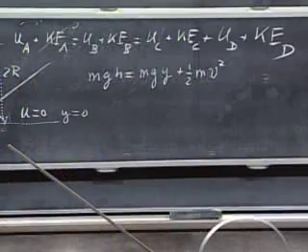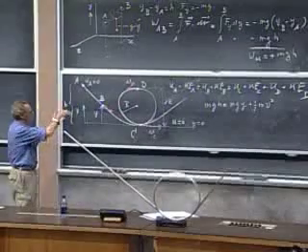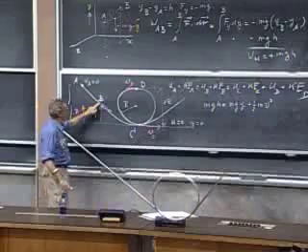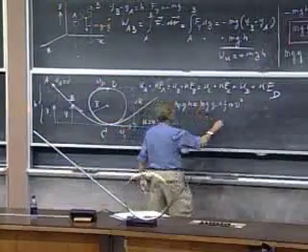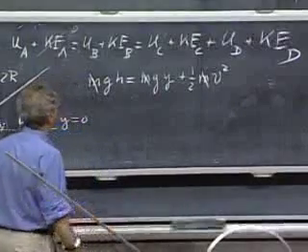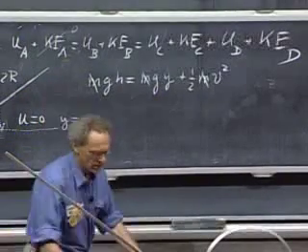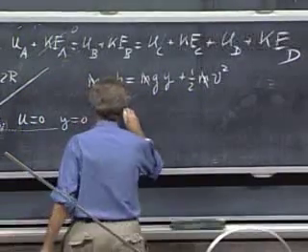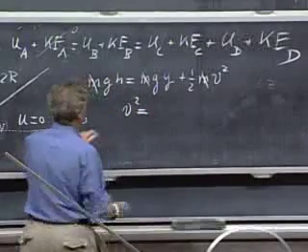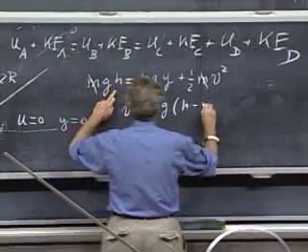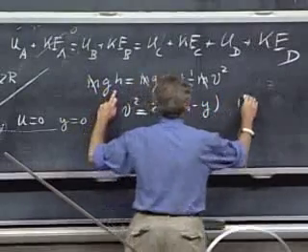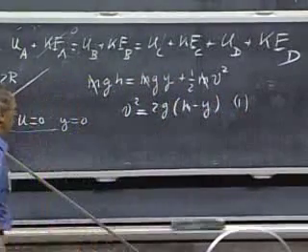What you see there should hold for every point that I have here. It should hold for A, for B, for C, for D, for any point. I lose my m. And so you find here, let me summarize it, that v squared equals 2g times (h minus y). So this should hold for all these points.